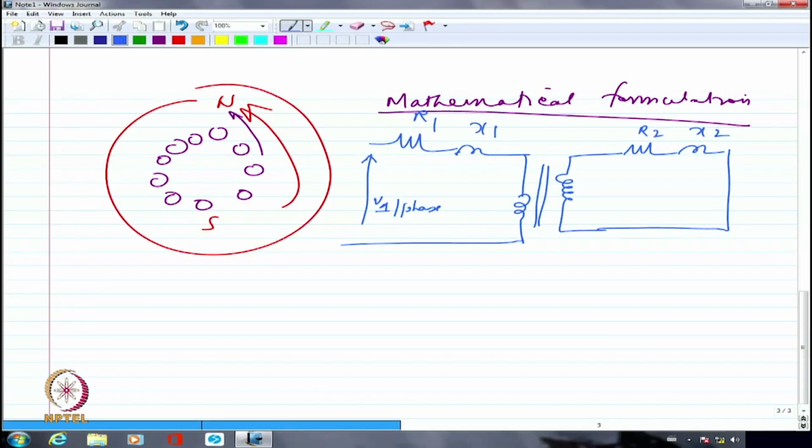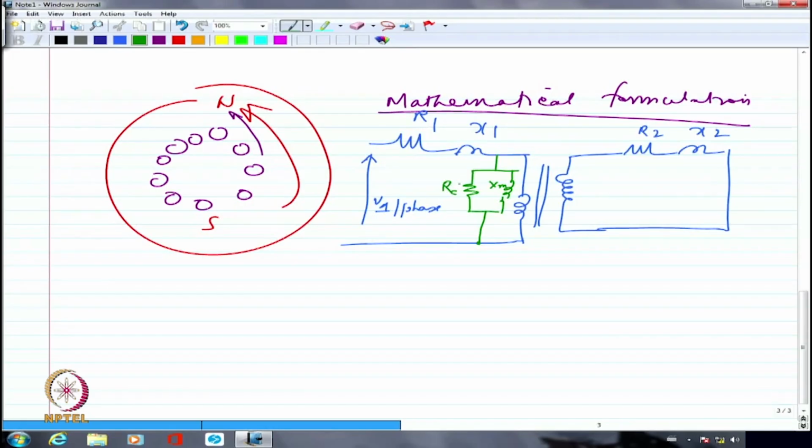Now, of course, I have to include the iron loss component and the magnetizing reactance as well. That also I have shown now. So this is going to be Xm and this is going to be Rc.